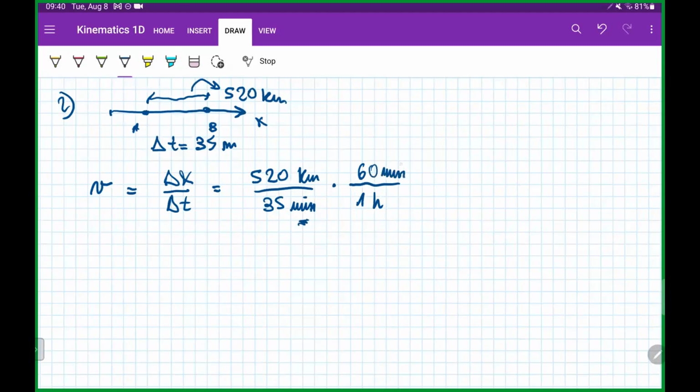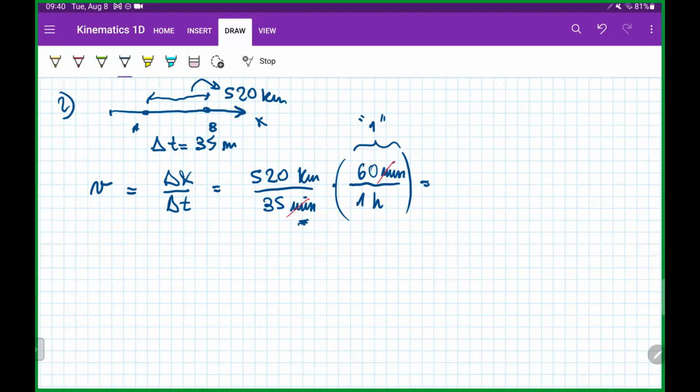This is kind of a 1 in our calculation, not mathematically speaking, but quantitatively speaking, because 1 hour is equivalent to 60 minutes. So we're just changing the units here.